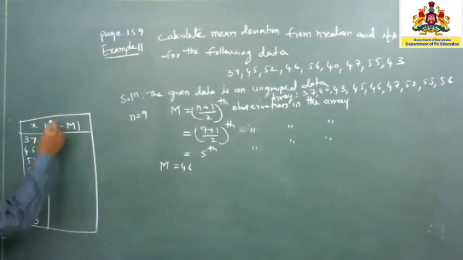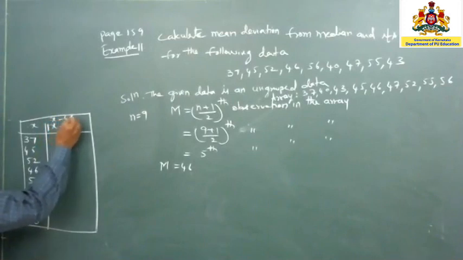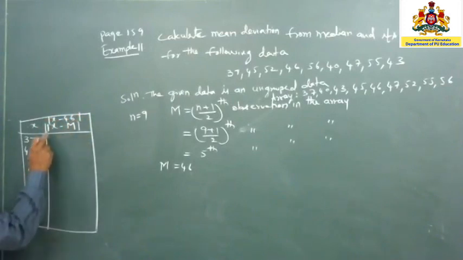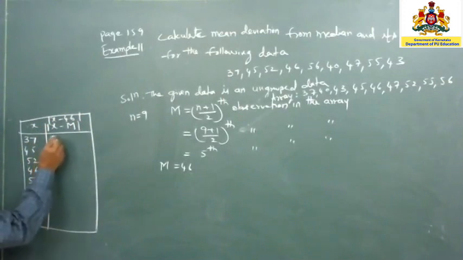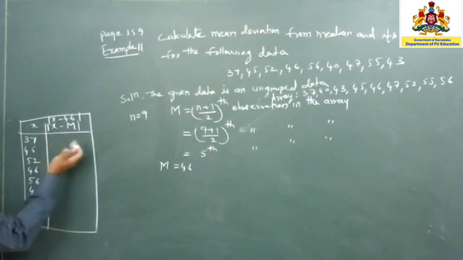In place of M, 46 is the median. So in place of x, substitute all these values. 37 minus 46 is actually minus 9. Write it as positive 9.